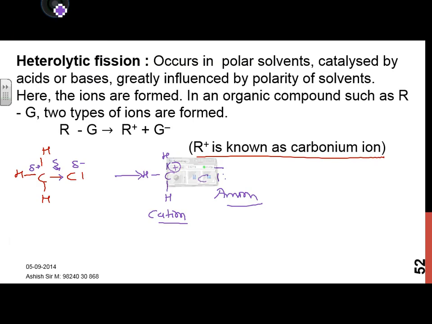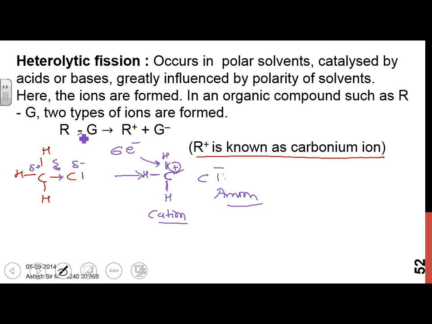Here the carbocation contains 3 bonding pairs and 1 positive charge. It has only 3 bonded pairs, which means it has only 6 electrons. Its octet is incomplete.